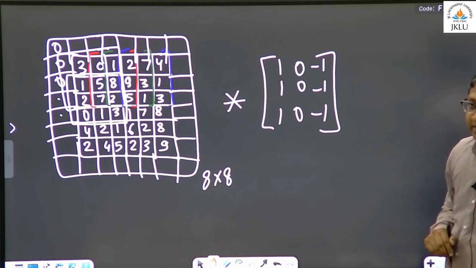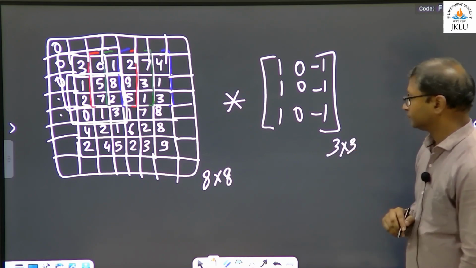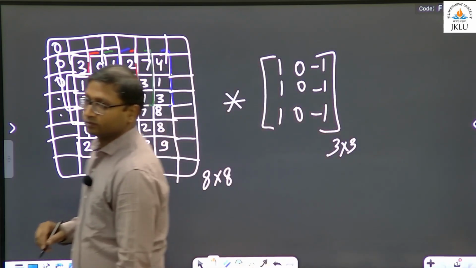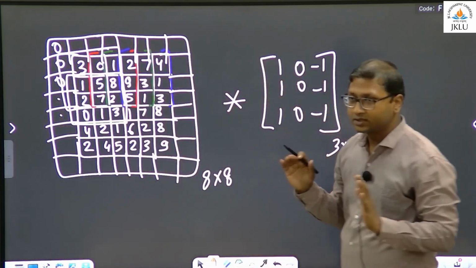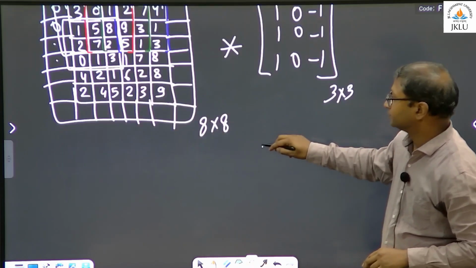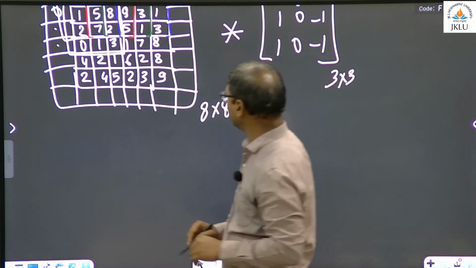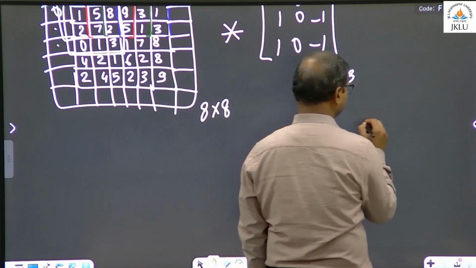You still take convolution with this. What will be the output size? Six cross 6, and you can still do that in the same manner. So if your padding is P, what is the formula? What will be the output size if padding is P?